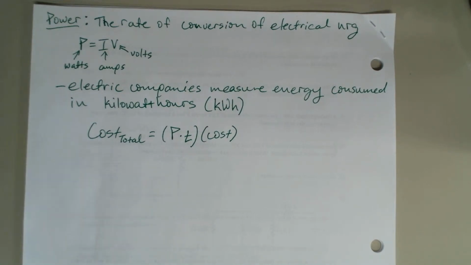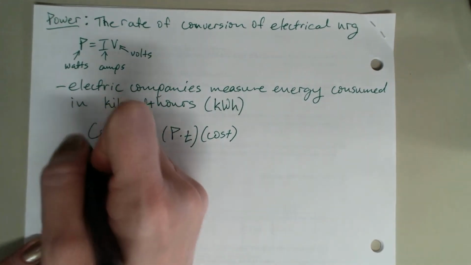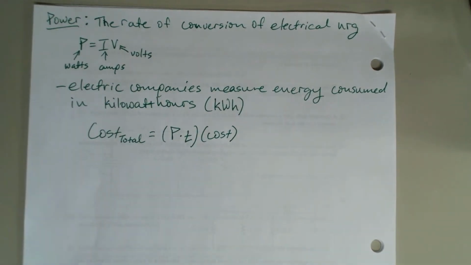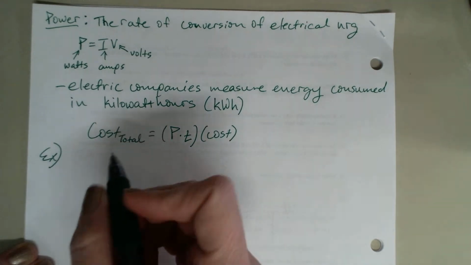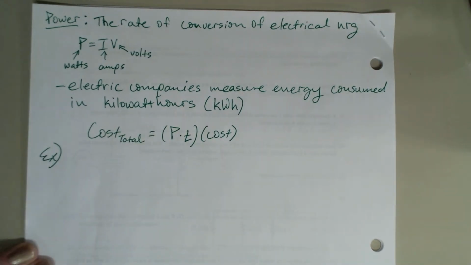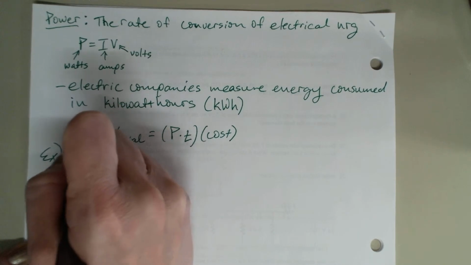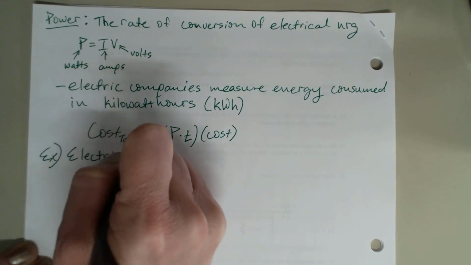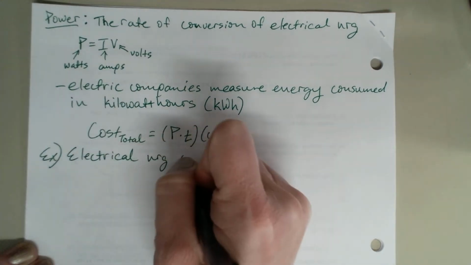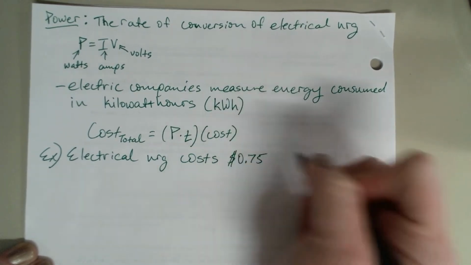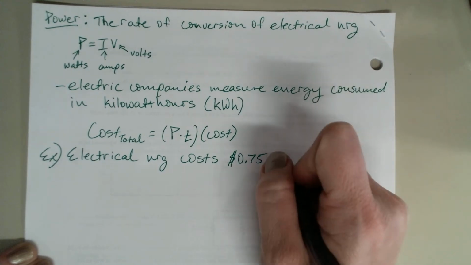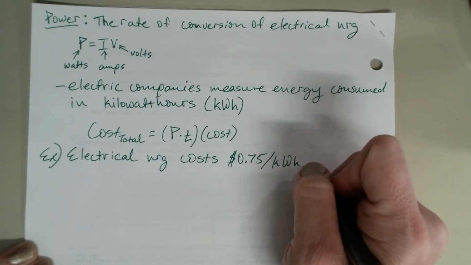All right, so we're going to do a little example problem. Now, this is also on your formula sheet. You don't have to memorize it. So let's say electrical energy costs $0.75 per kilowatt hour.